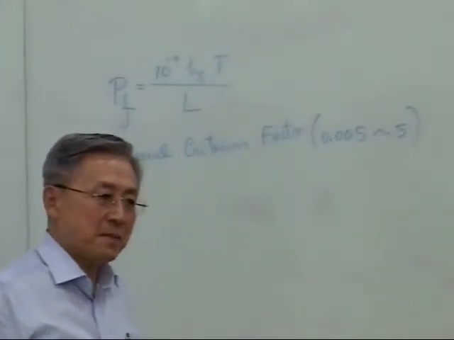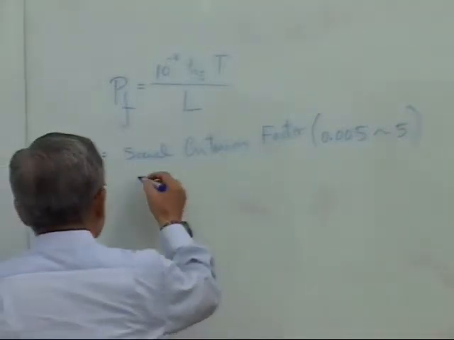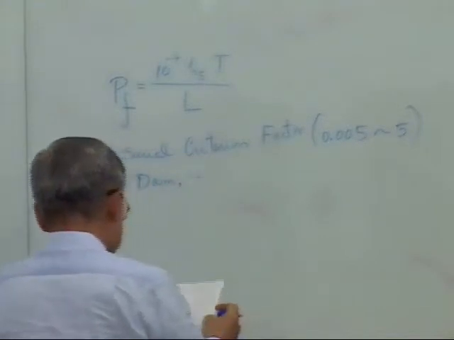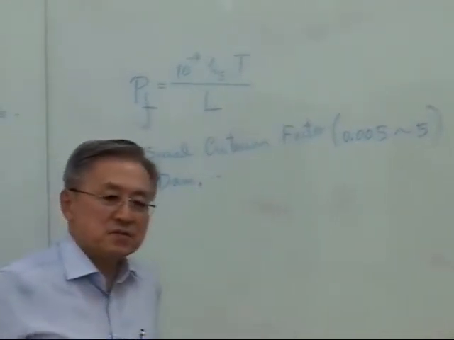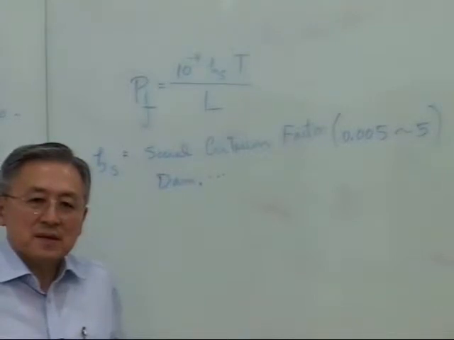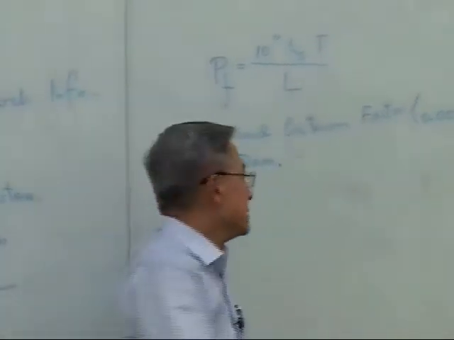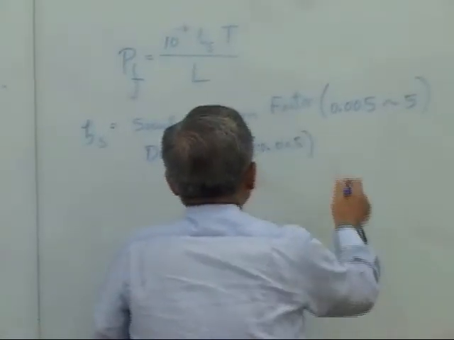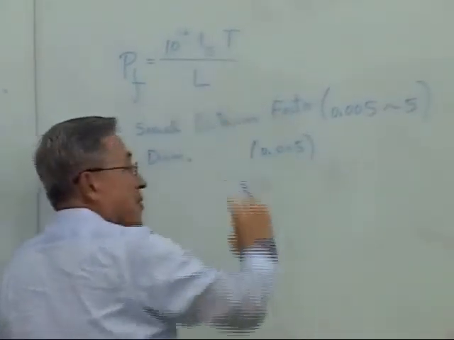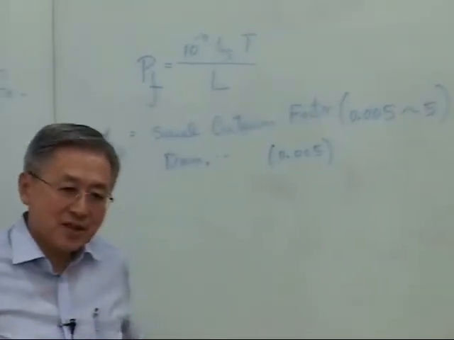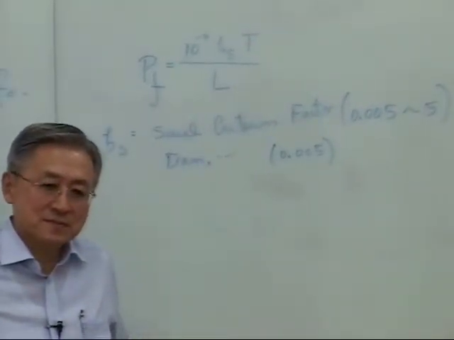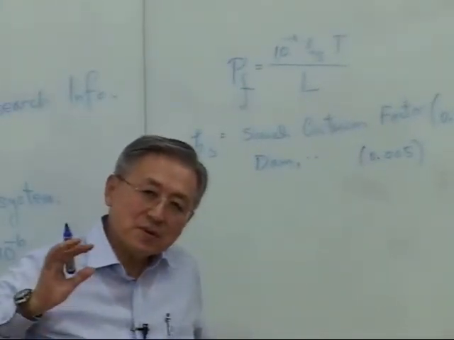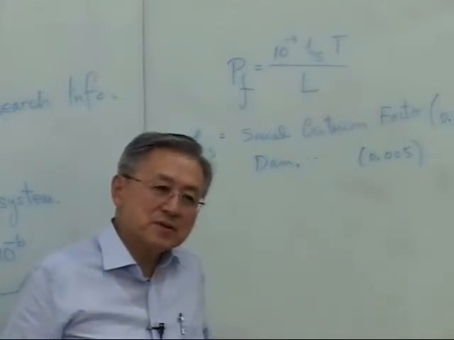So something like a dam kind of structure, a place of public assembly, the factor is very small. If this factor is small, PF is getting small, which means the allowable failure probability is smaller.